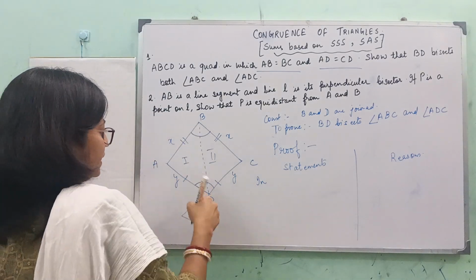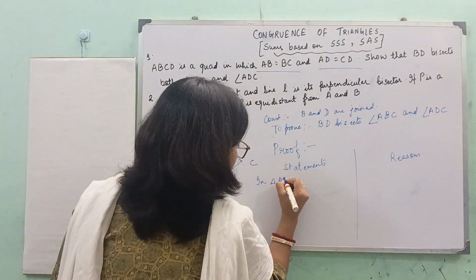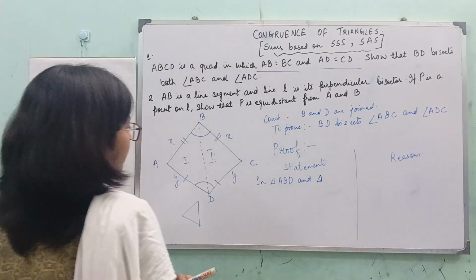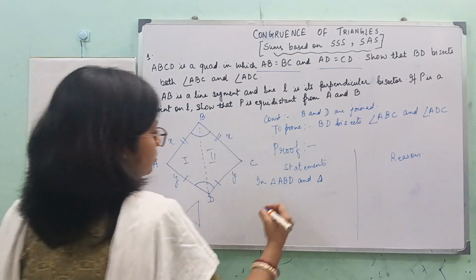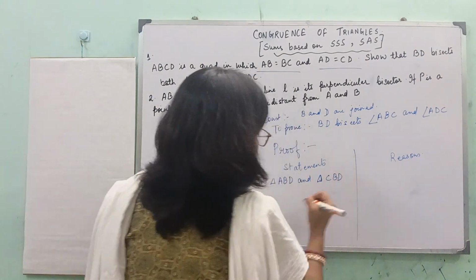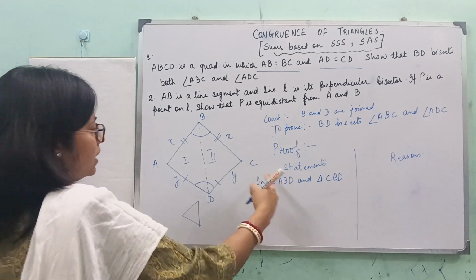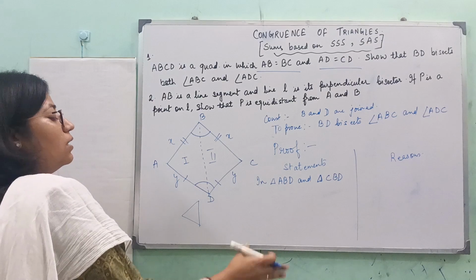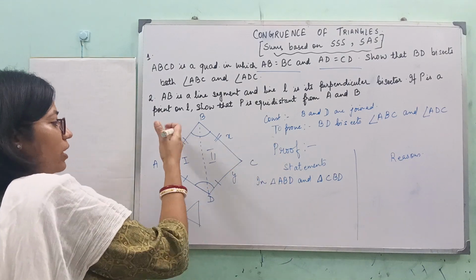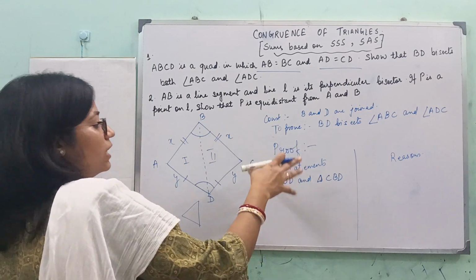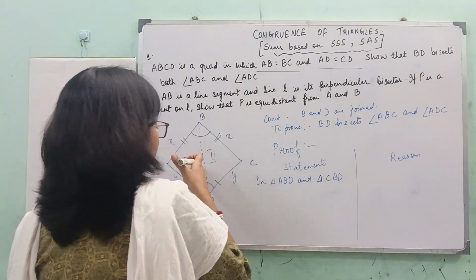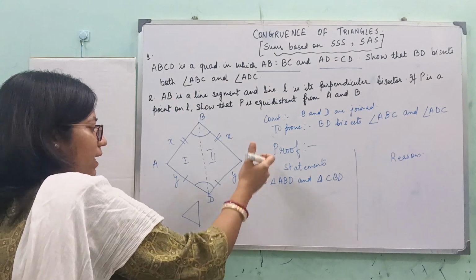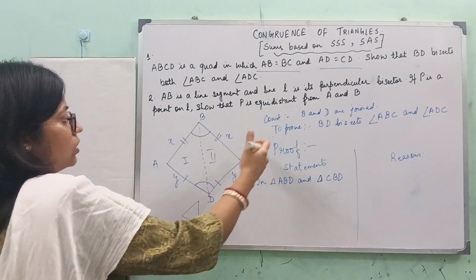In triangle ABD and triangle CBD. I have kept the first triangle on the left hand side and the second triangle on the right hand side. So once I give the statements, we will make sure that whatever sides or angles we include, we put the measures of the first triangle on the left hand side and those of the second on the right hand side.